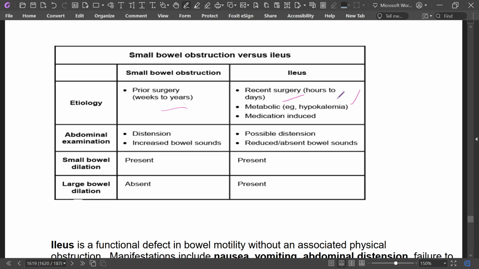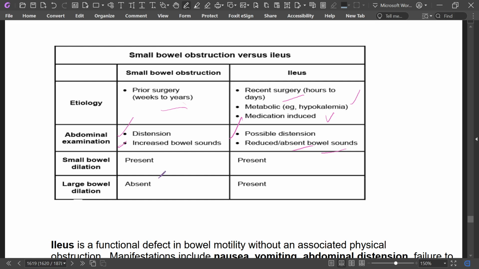Metabolic causes like hypokalemia and medication can cause ileus. In small bowel obstruction there is distension and increased bowel sound. And in ileus there is also possible distension and reduced or absent bowel sound.